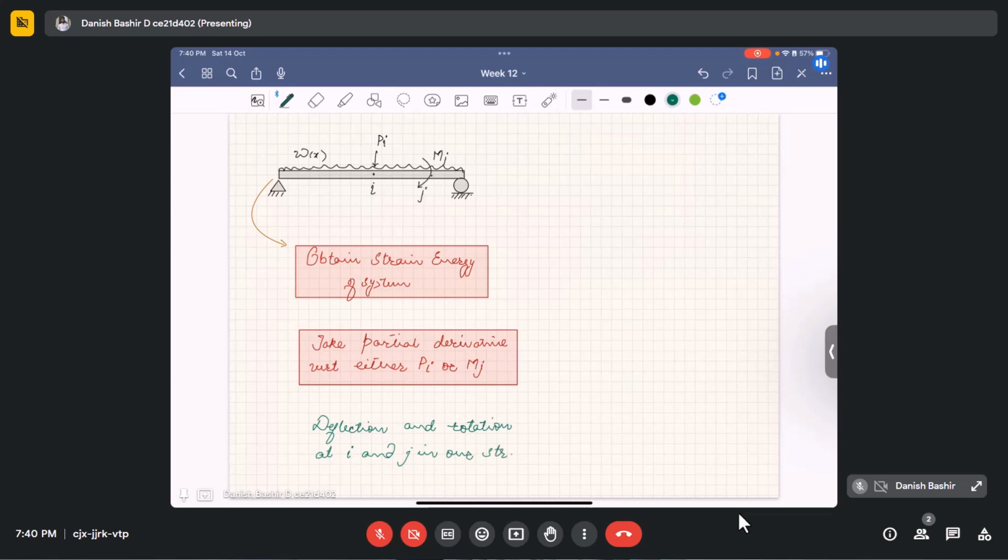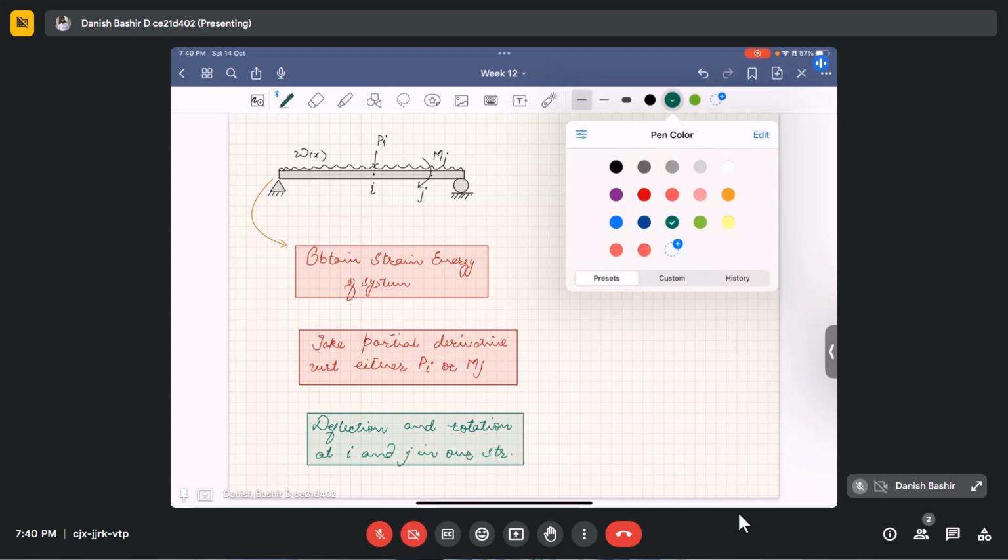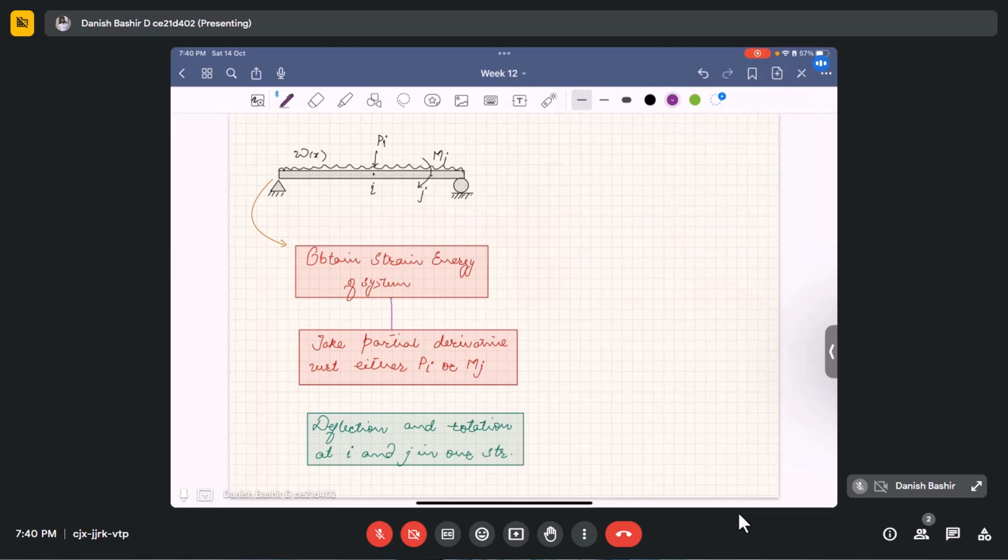I have simplified this theorem for you in terms of this flow chart. So the flow chart goes through like this. We did one step like this from our structure, and then we move to this step.